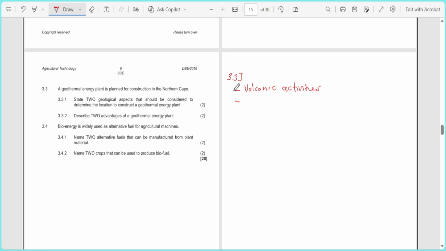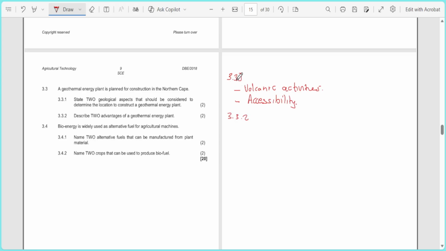What else? It could be accessibility as well. Accessibility can be another aspect as well. So these are the two aspects that I can think of right now.